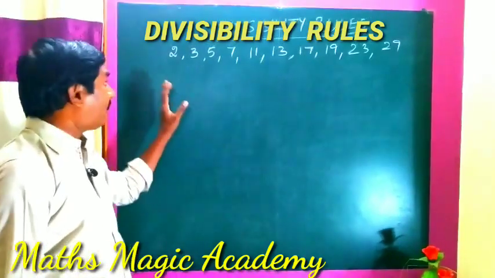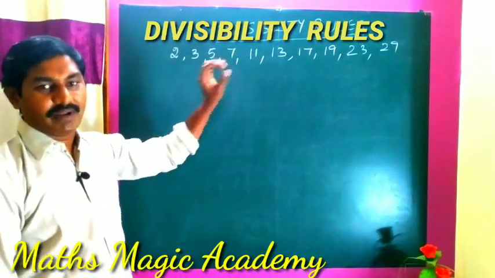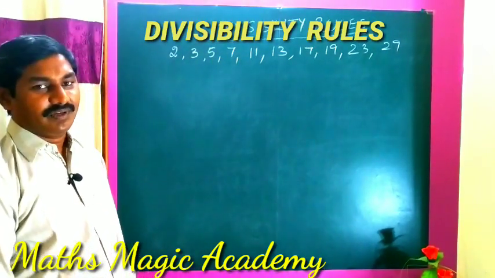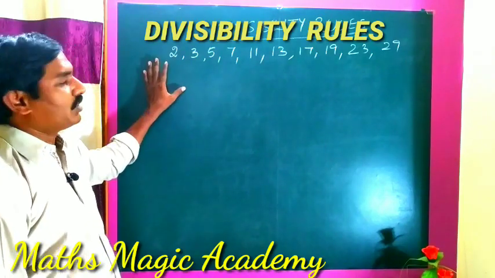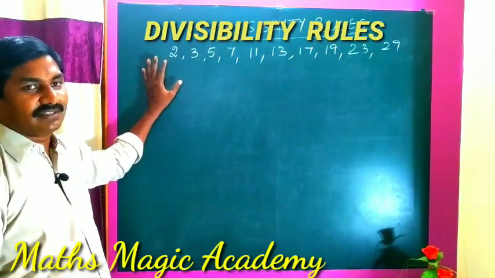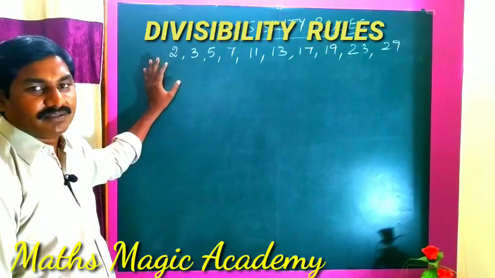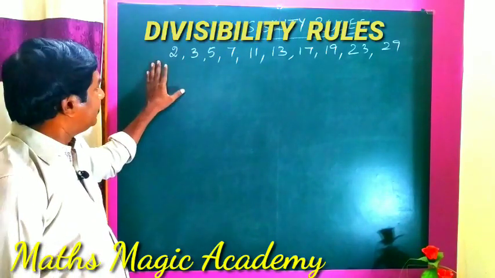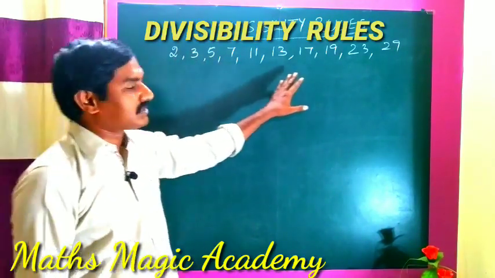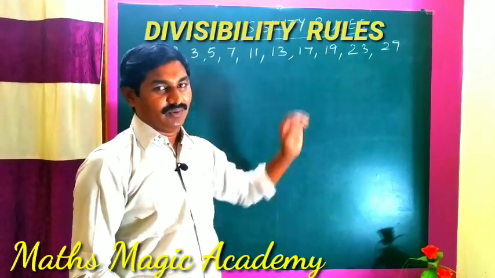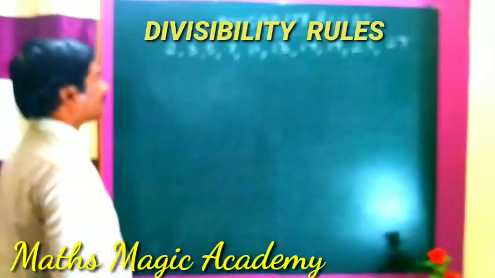These are the first 10 prime numbers we have. For these I am going to discuss the divisibility rules. Generally every child knows about the divisibility rules, but in this special case, only some people know. So I am going to discuss this one.